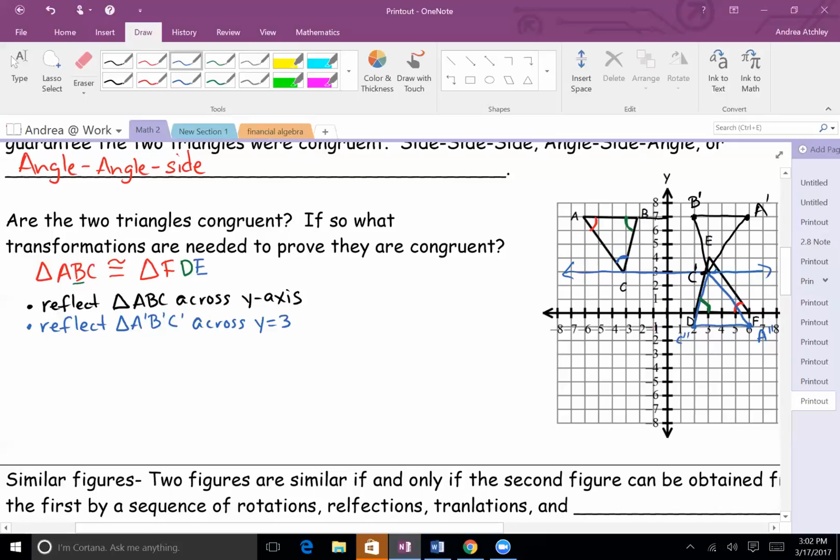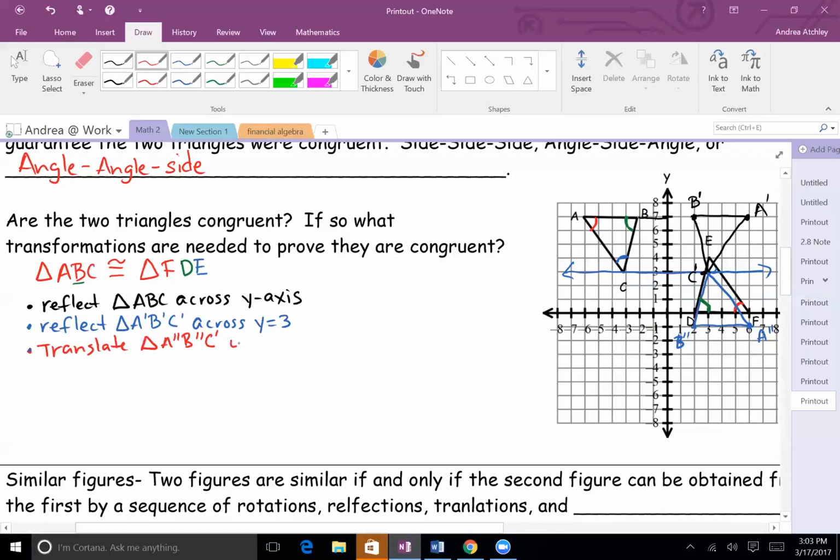So that's my new triangle. We're almost there, we're not quite there yet. We still need to go now up 1. So we're going to translate triangle A double prime, oh, that should be B. This is B double prime, B double prime, and then C prime, because it didn't change at all.